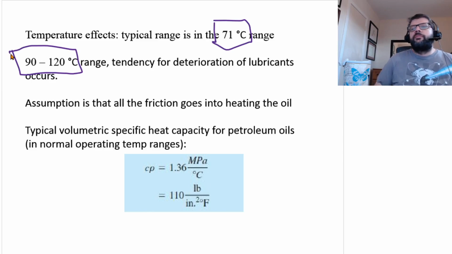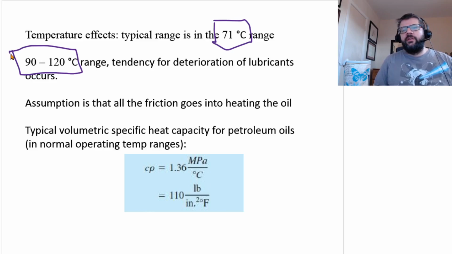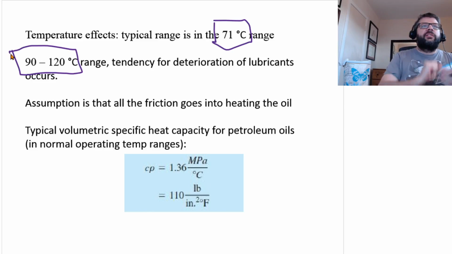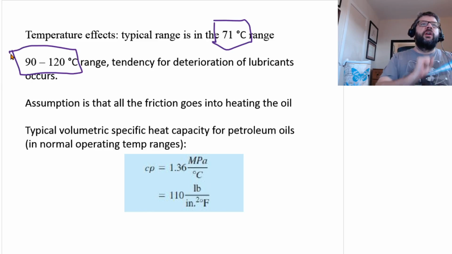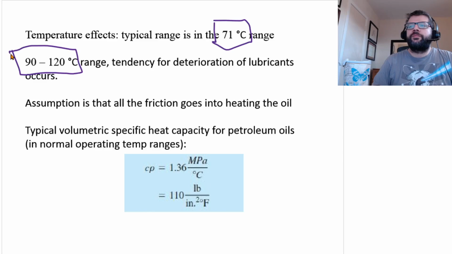So anyway, the main assumption here is that all of this heat that's being generated is generated in the oil, so it all goes into heating up the oil. It's all generated by the viscous shear that is going on within the oil.